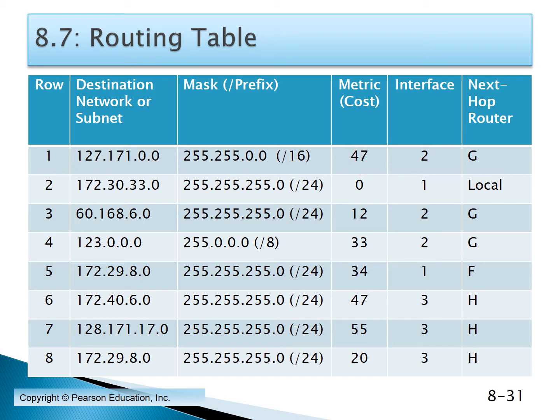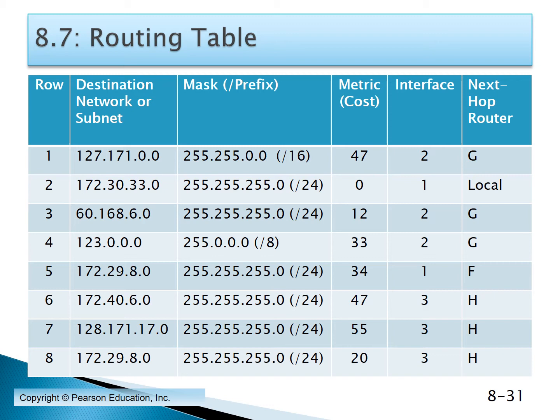If they use cost, that means I want a lower cost, and for time, I want a shorter time. So you need to look at what metric is being used here. The interface is 2, and the next hop router is G. So if I have an IP address that falls into this range after applying the mask, then I will send it to port 2.